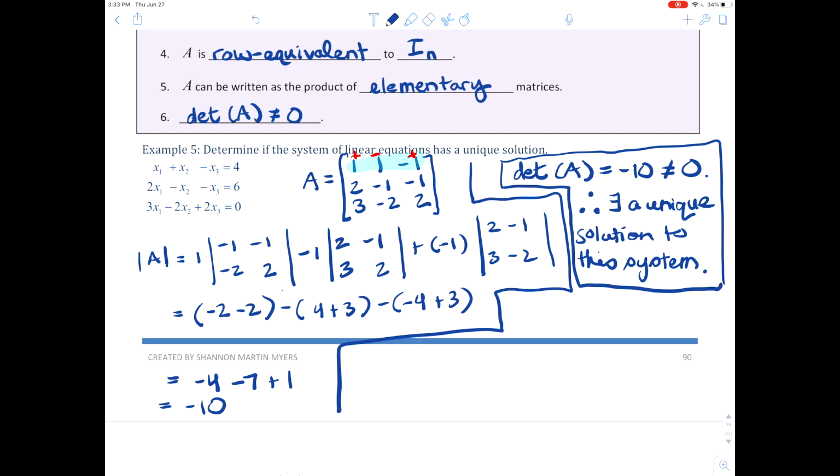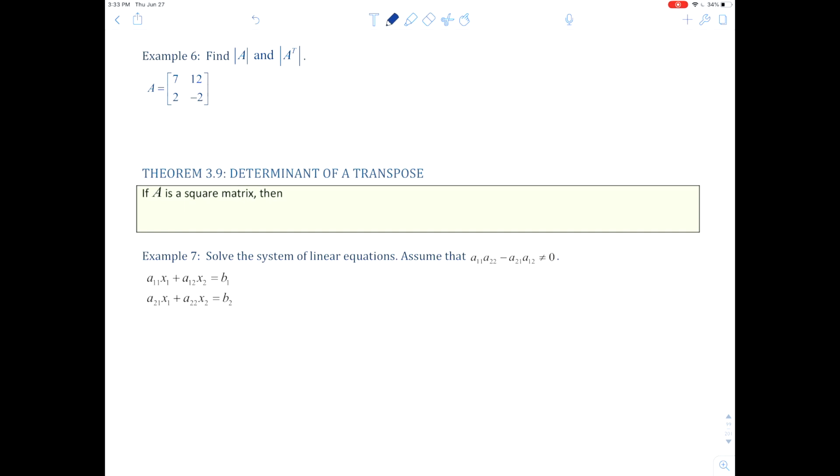Okay? All right, so next up, let's take a look at finding the determinant of A and the determinant of A transpose. So the determinant of A is equal to negative 14 minus 24, which is negative 38. And A transpose will be 7, 2 going across, and then 12, negative 2 going across.